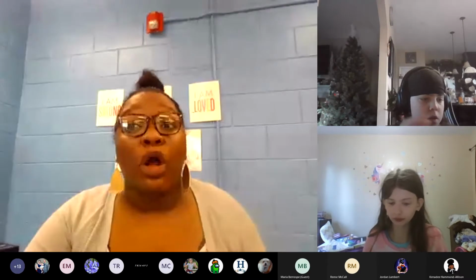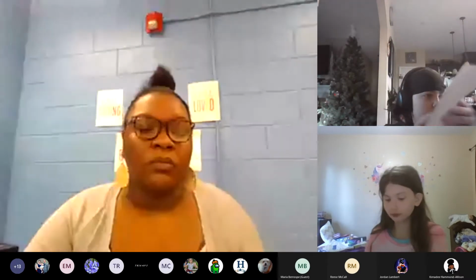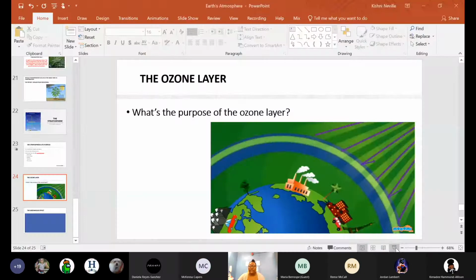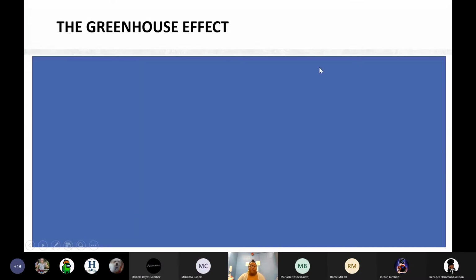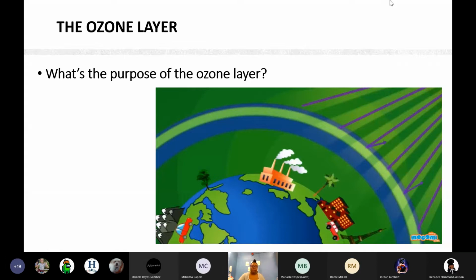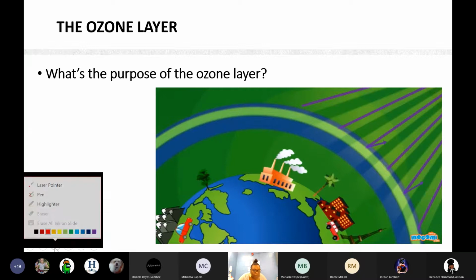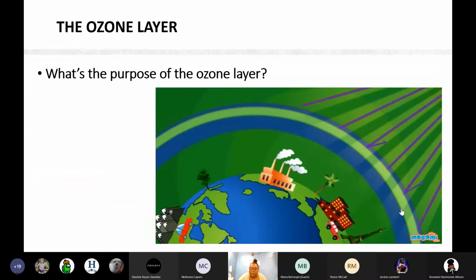So the purpose of our ozone layer is to absorb harmful radiation from the sun. Okay? So the purpose of our ozone layer is to absorb harmful radiation from the sun.